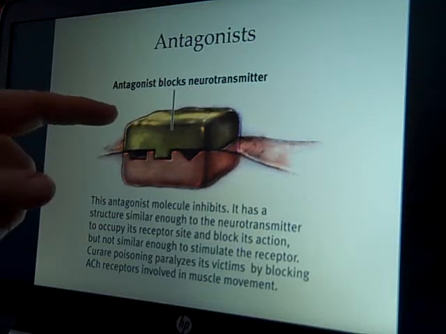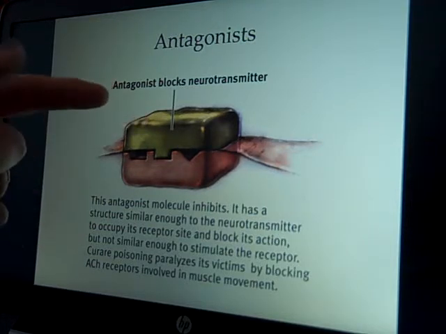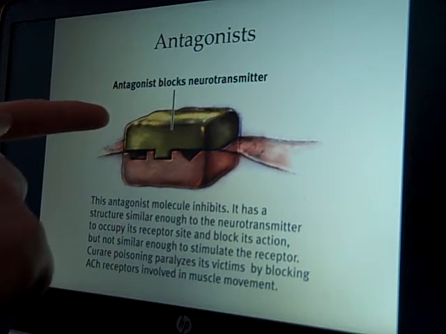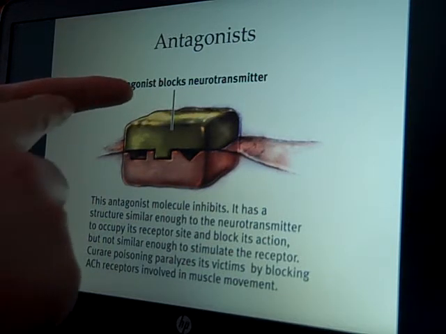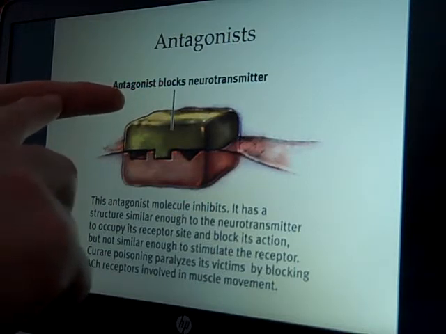Now, let's say it's just plain, pure, and simply acetylcholine causing my finger to move, and acetylcholine is being squirted from one neuron to the next neuron. It would typically fit in.